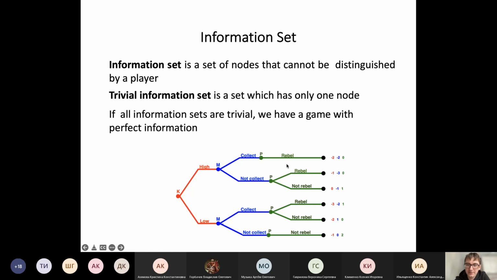You can just forget this action and put a terminal node here with payoffs. So there are two real nodes, and there are two elements: rebel, rebel; rebel, not rebel; not rebel, rebel; not rebel, not rebel.